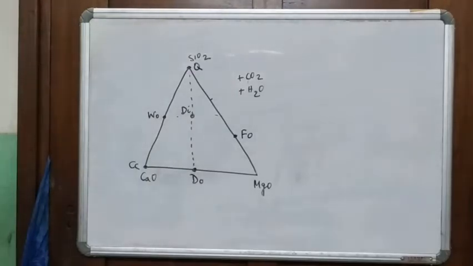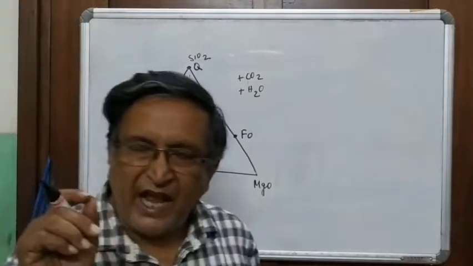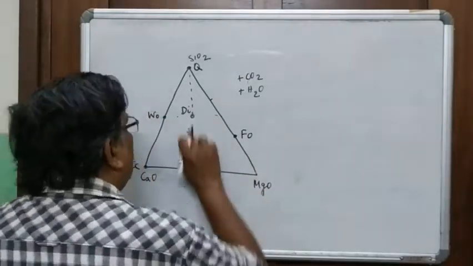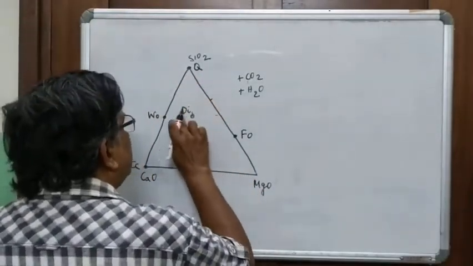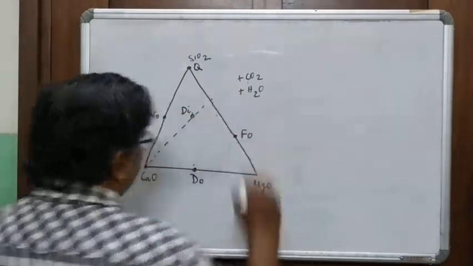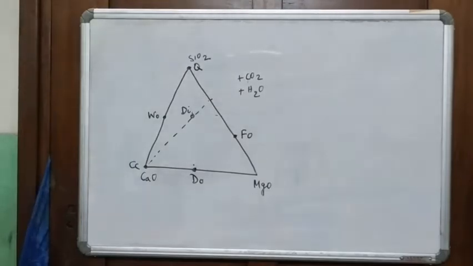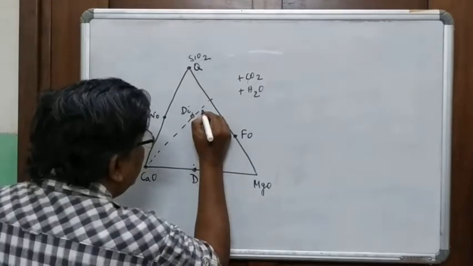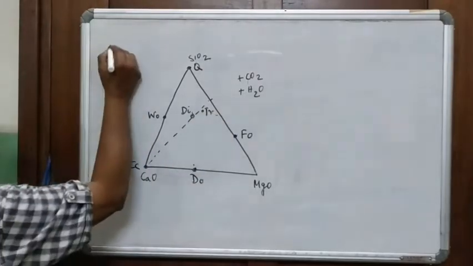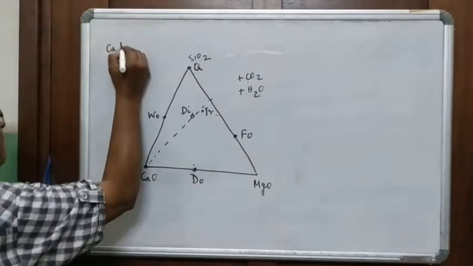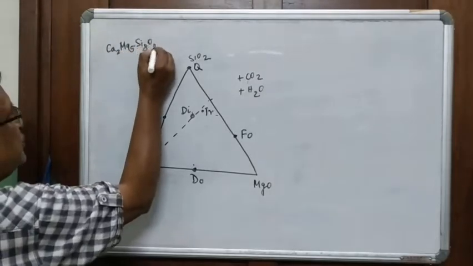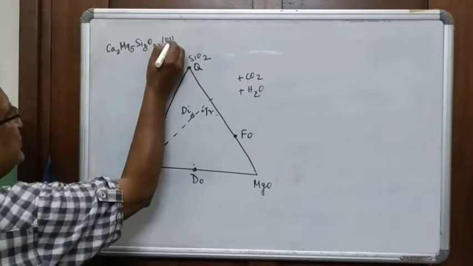And then I will plot another point, and for a particular reason I will draw this join. This join is somewhere like this. And here you have something called tremolite. I will write down the formula for you: Ca2Mg5Si8O22(OH)2.